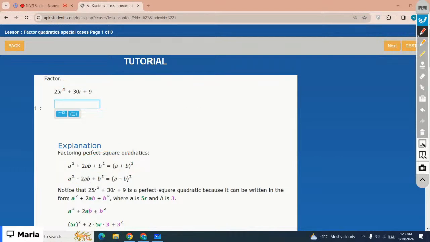So you can note down these very important perfect square formulas. I'm going to write them down on the board. You can note them down. Then we'll start the practice questions.